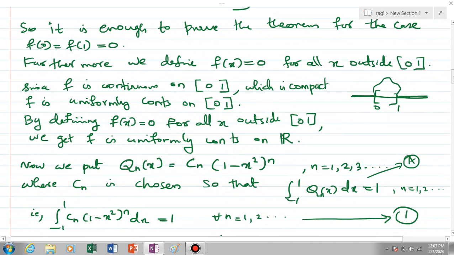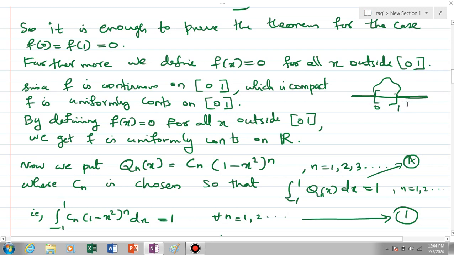So we have a function f which is continuous and complex-valued on the closed interval [0, 1]. Furthermore, we define f(x) equal to 0 for all x outside the closed interval [0, 1]. The picture will be like this: on the interval [0, 1] it is a continuous function, and outside [0, 1] the function is equal to 0.